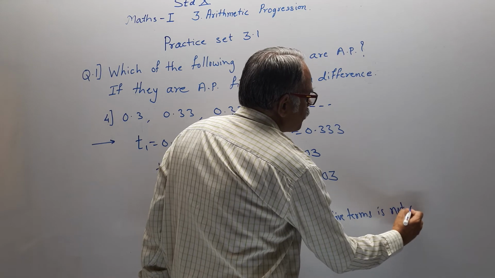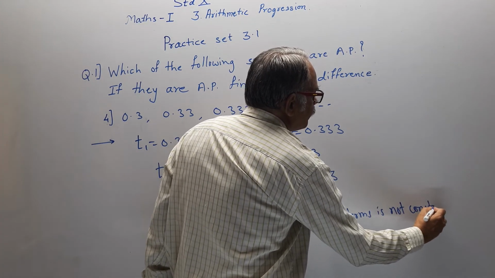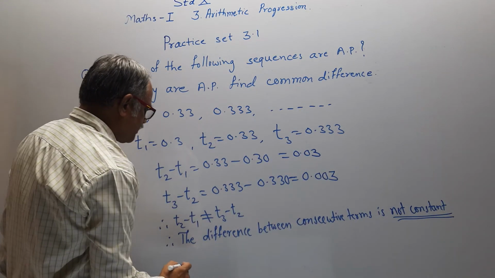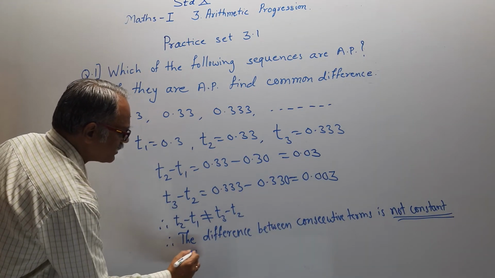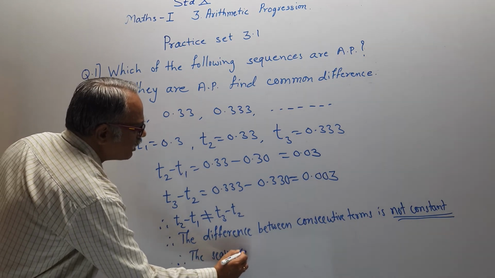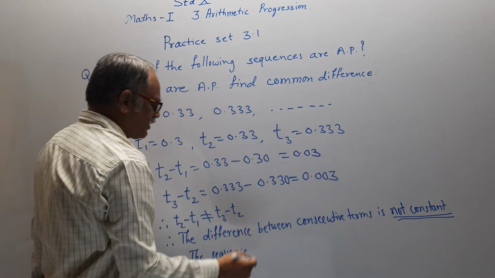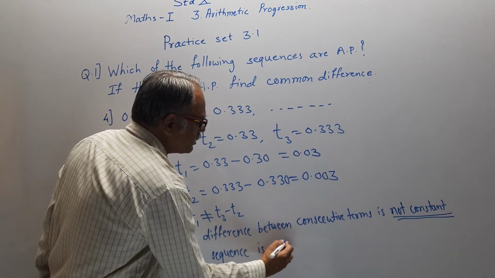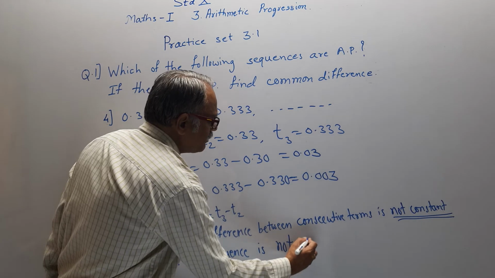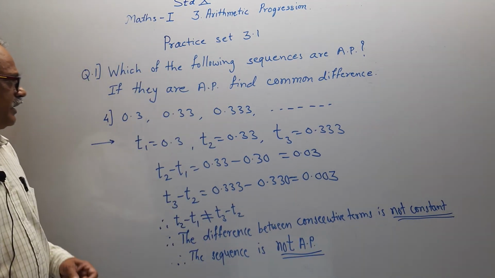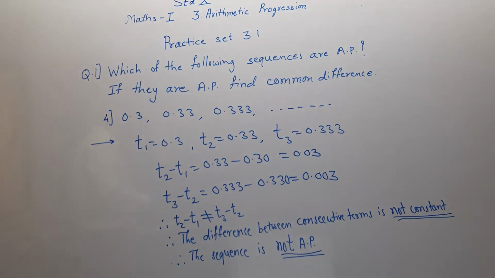And if the difference is not constant, therefore the sequence is not AP. And if it is not AP, the common difference does not exist. The sequence is not an arithmetic progression. Neatly complete it.